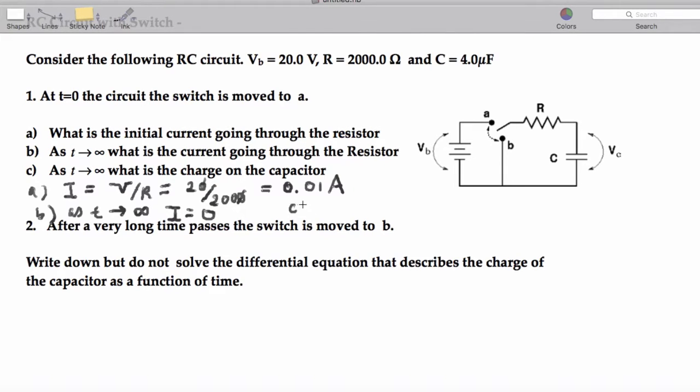Finally, at t equals infinity, the charge on the capacitor, we're going to use Q equals CV, which is 4 microfarads times 20 volts, which gives us 80 microcoulombs of charge.